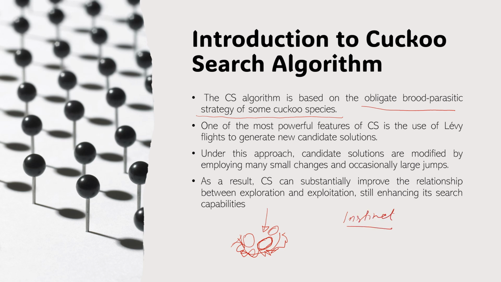And you'll be amazed to know that the eggs of the cuckoo often get adapted so much that you cannot distinguish between the egg of the host species and the cuckoo's. So if we cannot differentiate, the host bird also cannot differentiate.